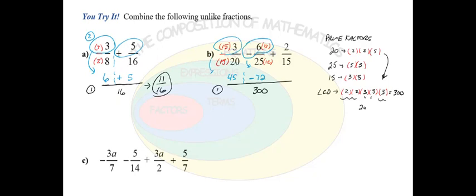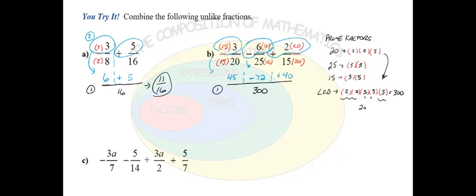So we probably knew that already, but notice how we can use the prime factors for the lowest common denominator to help us understand what I need to multiply by 15 to get the lowest common denominator. So 15 times 20 is 300. I need to multiply the numerator and denominator by that. So I would have a plus 2 times 20, or a plus 40.